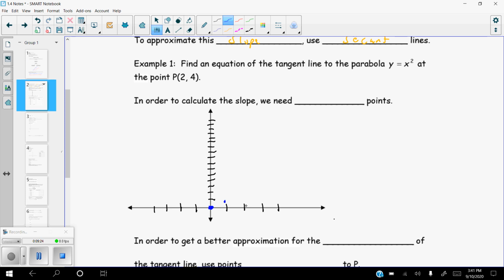If x is 3, y is 9. And if x is 4, it's going to be up to 16, which I believe was my top tick mark.